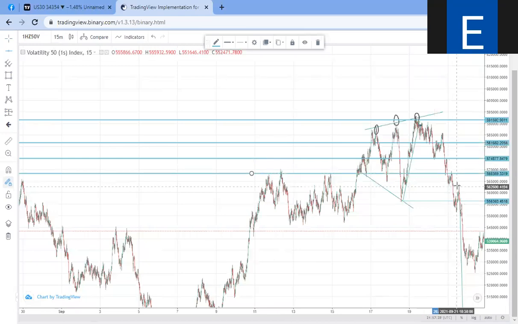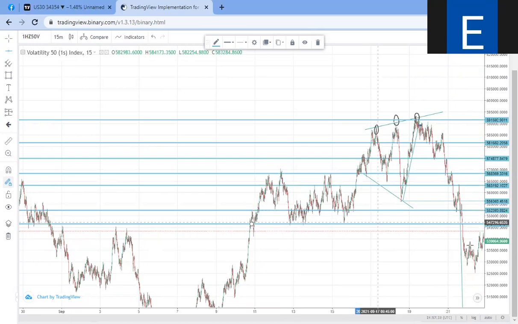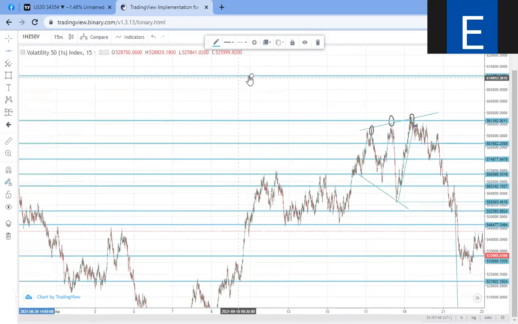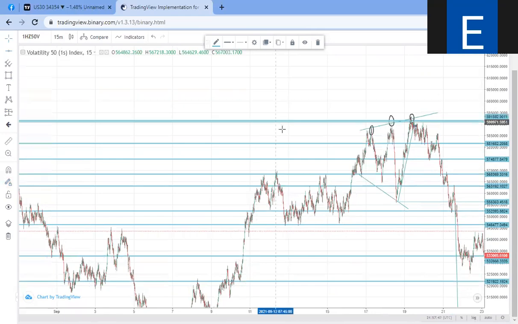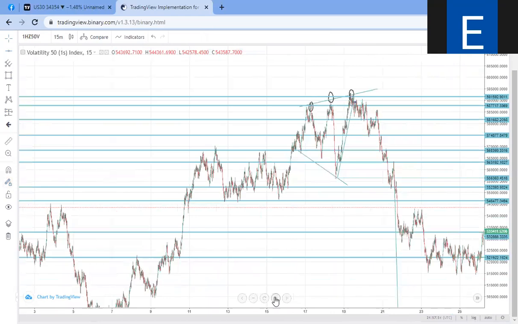This is how most people trade. Put horizontal lines everywhere. They'll be like, this support turns resistance, this resistance turns support. No, I don't do that. I was doing that at the beginning, but it was getting confusing because the lines were too much. I couldn't see what price was actually doing.